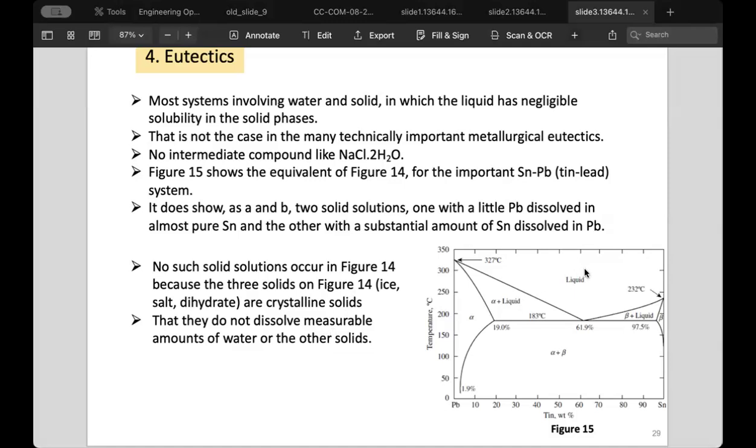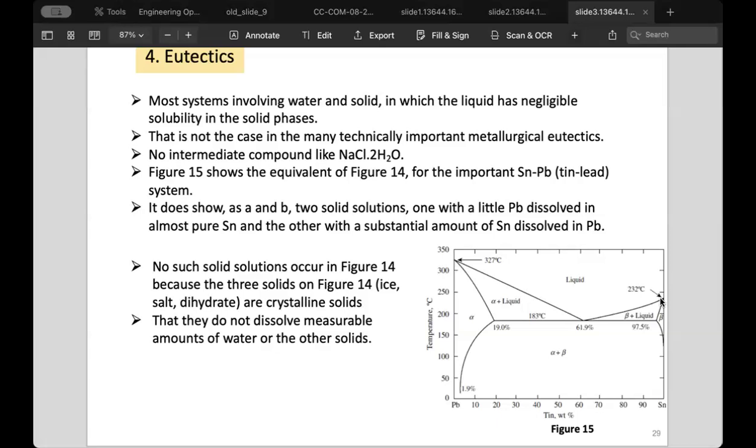And you see that this is the freezing point of lead, and this is the freezing point of tin. 100% tin, this is the freezing point, or melting point. You can call it melting point. And you see that when we alloy tin and lead, the melting point can be lower than the pure component.